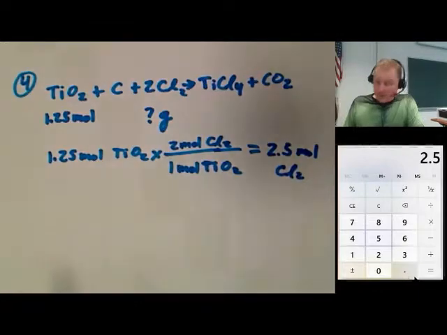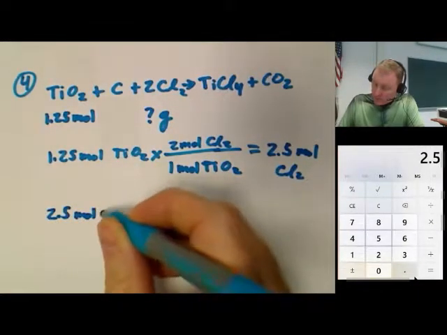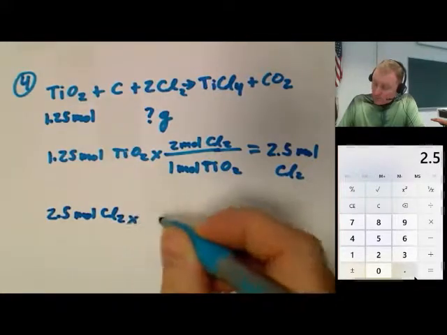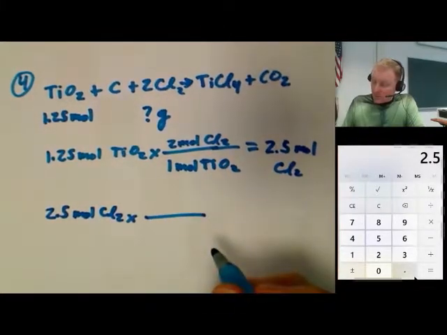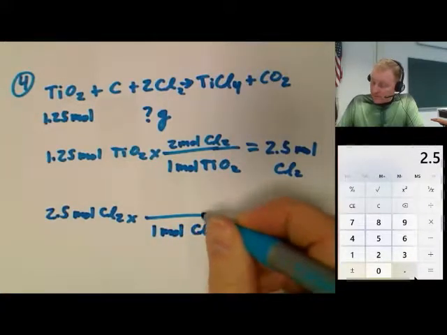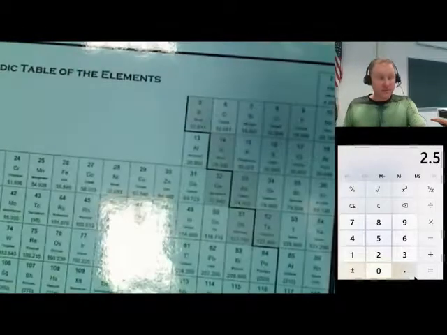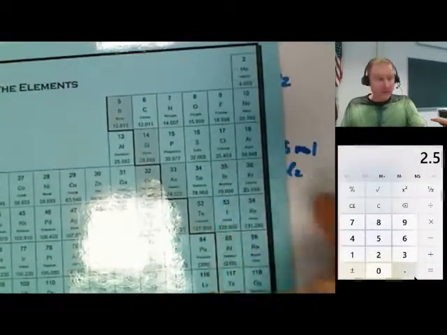We want grams of chlorine. So let's go 2.5 moles of chlorine, and we're going to multiply that by the molar mass of chlorine. So for every 1 mole of chlorine, the molar mass of chlorine, remember the periodic table, it's always grams per mole. So let's take a look at chlorine over here.